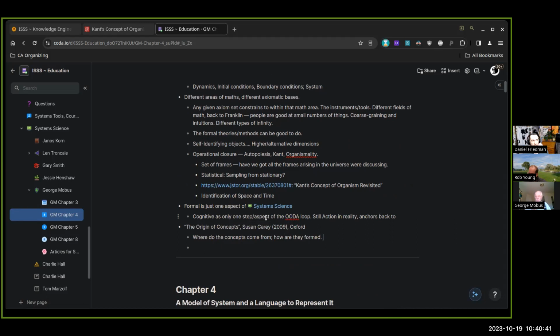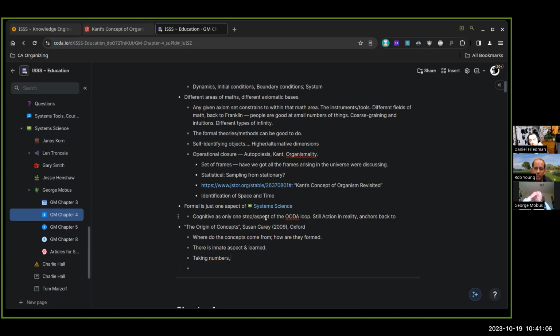There's an innate aspect to most of these, but then our capacity to learn and expand on those fundamental concepts allows us to take numbers beyond 1, 2, 3, many to 1, 2, 3, 4, 5, 6, 7, and so on. So I found her very useful in that regard.